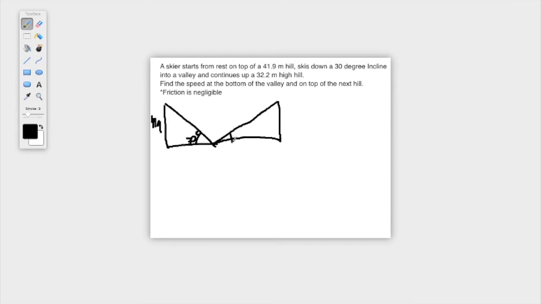But since it's not that, we could just leave it as 41.9 and it makes our lives easier. But just know that they might give you the hypotenuse and then you're going to have to find the height. So you'd have to use trig identities and such. And so you're trying to find the speed at the bottom, like right here and right here.